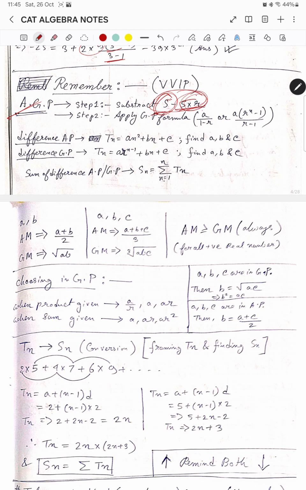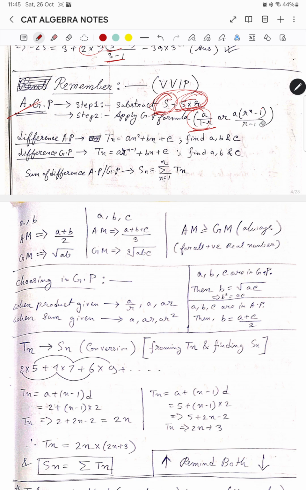Then when you subtract the first equation with this modified equation, you will get some series. If the common ratio is between minus 1 and 1, then the GP formula will be a by 1 minus r, if it is not finite, then a into r power n minus 1.